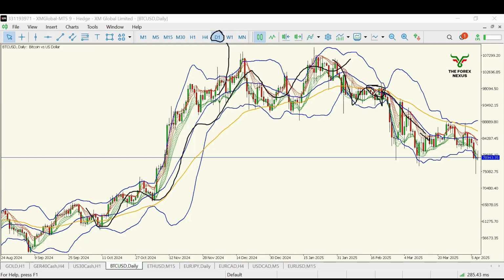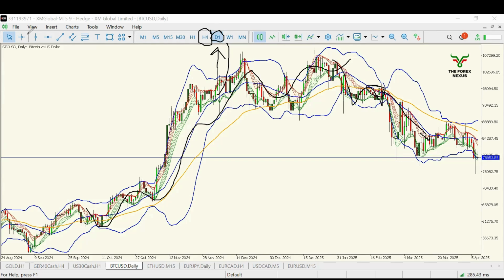Okay, so on daily you guys also can catch re-entries, but on H4, one step lower time frame, if the main time frame is daily and ZZL is forming on daily, you can also catch the H4 re-entries.